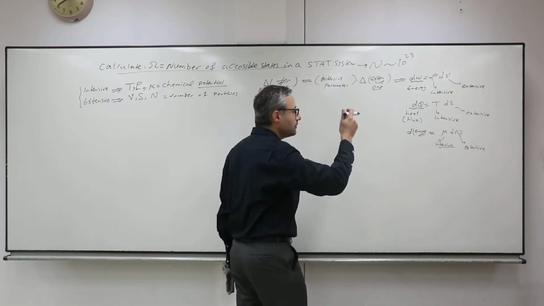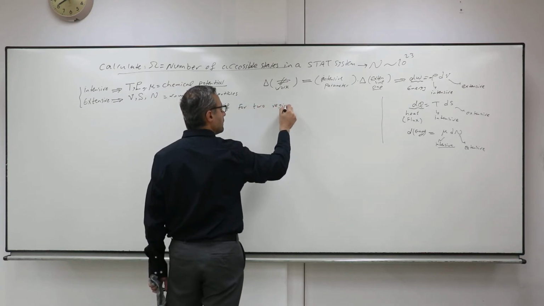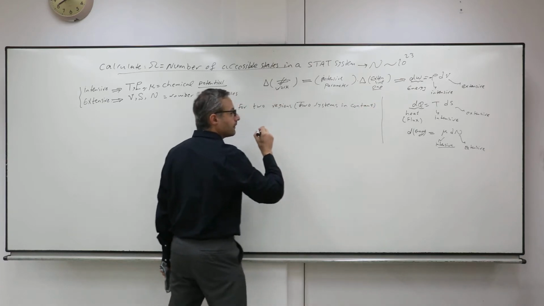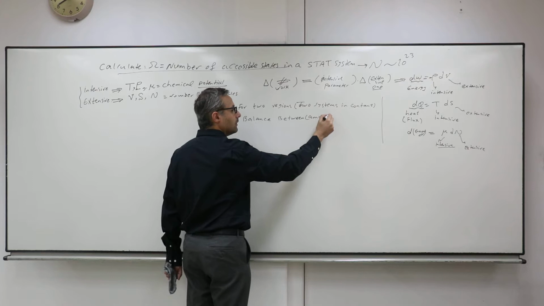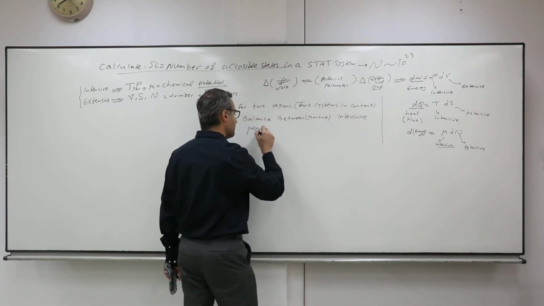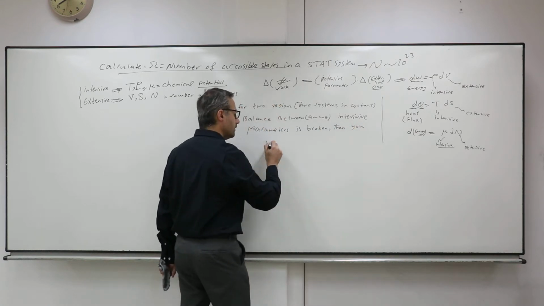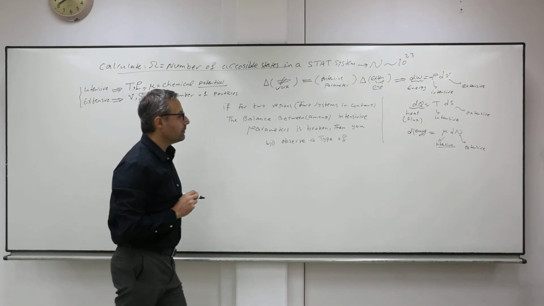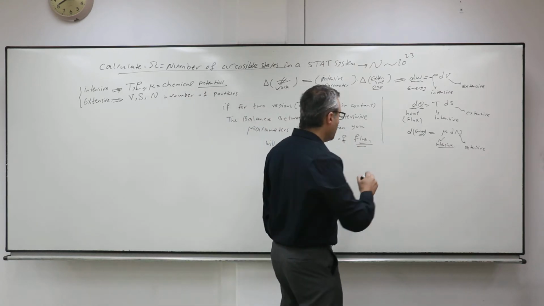And not only that: if for two regions of the system, or two systems in contact, the balance among the intensive parameters is broken, then you will observe a type of flux, a movement, actually.